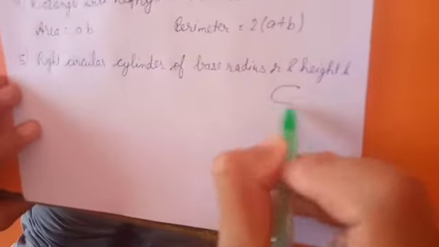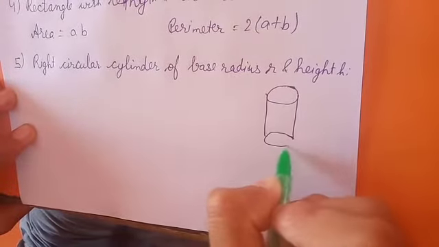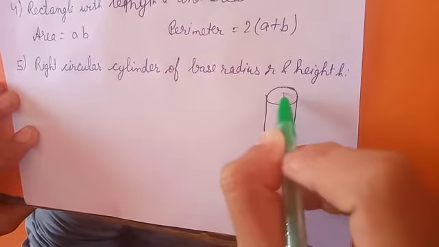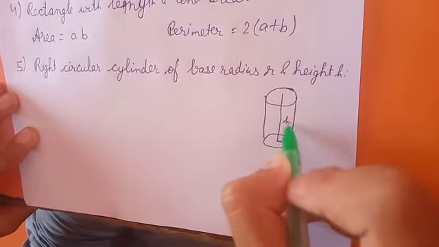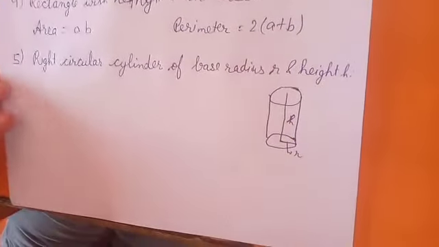In this, it is the general figure which we form. It is its radius, and this will be its height. So in this we will find 3 things. First is its volume.